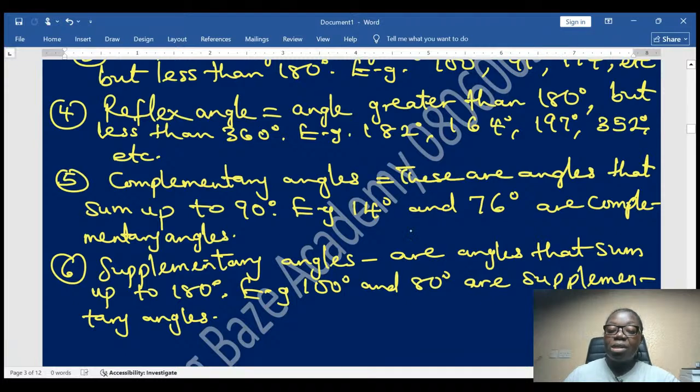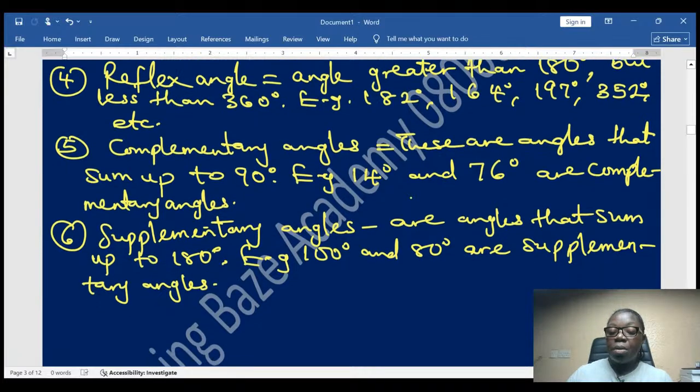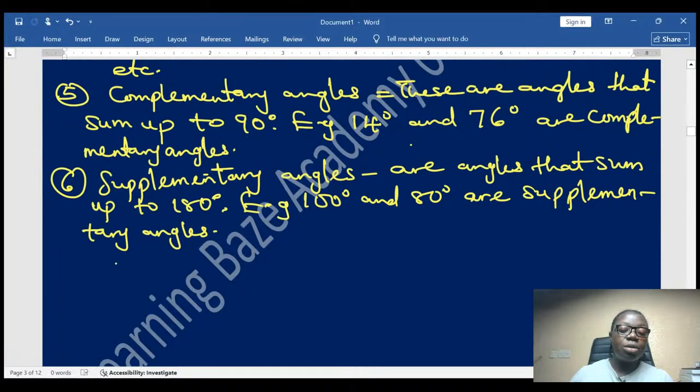Anytime you see a right angle, you should be able to recognize it. All right? Good. Now, this is how a right angle looks.